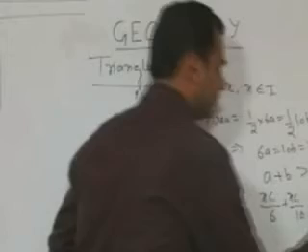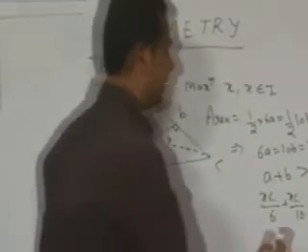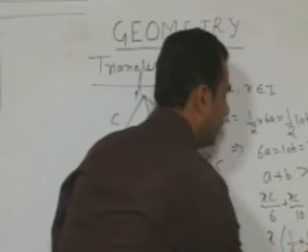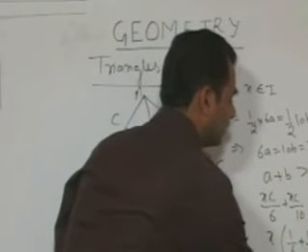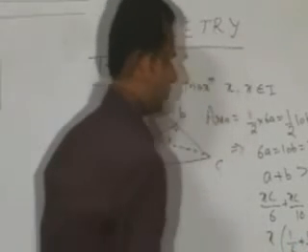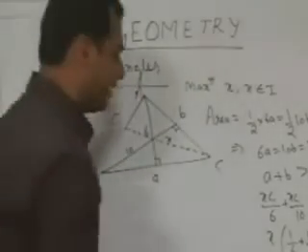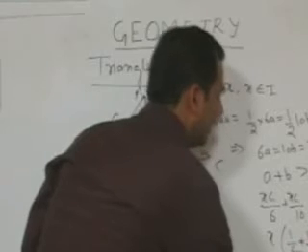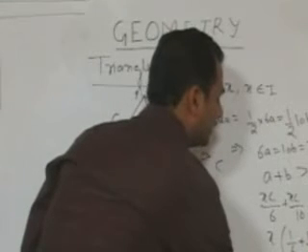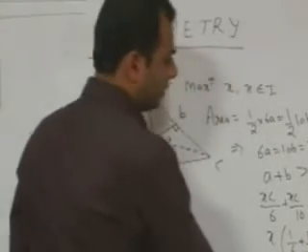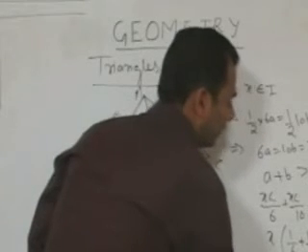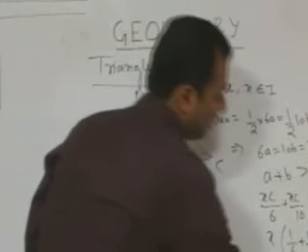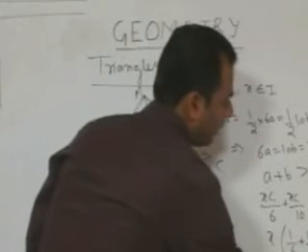So XC by 6 plus XC by 10 is greater than C. From here, X times (1 by 6 plus 1 by 10) is greater than 1, so X is greater than 60 by 16, which simplifies to 15 by 4.